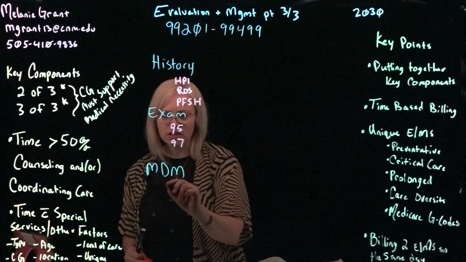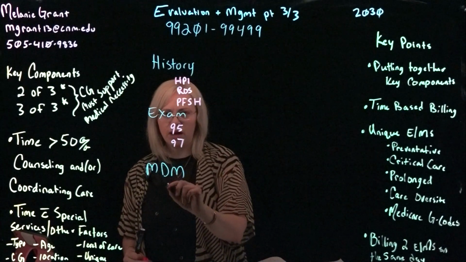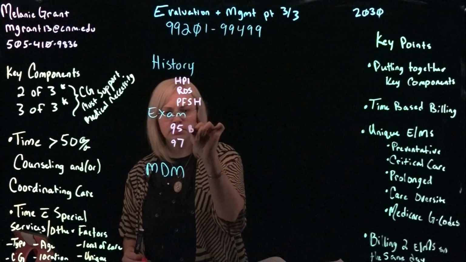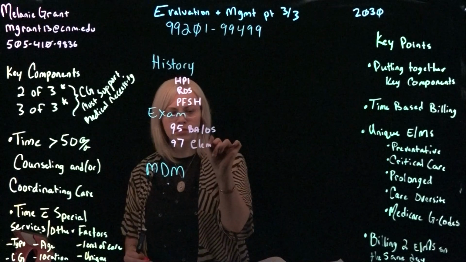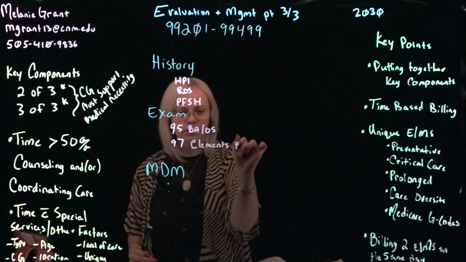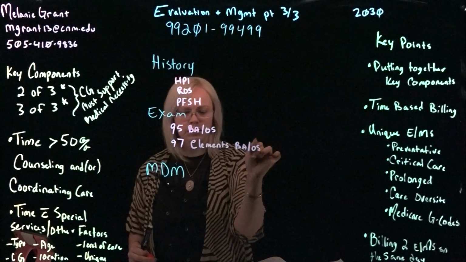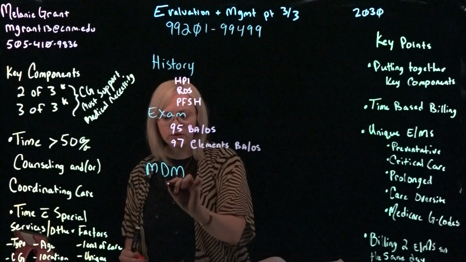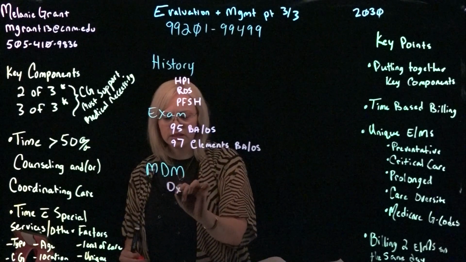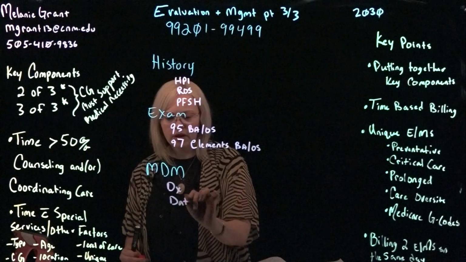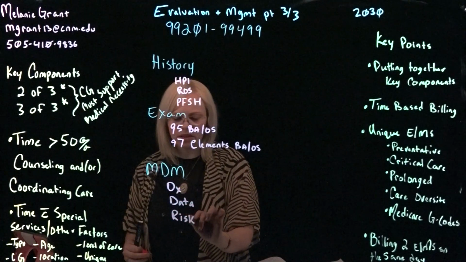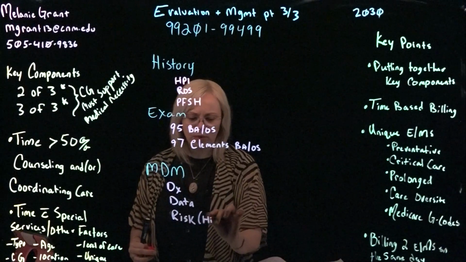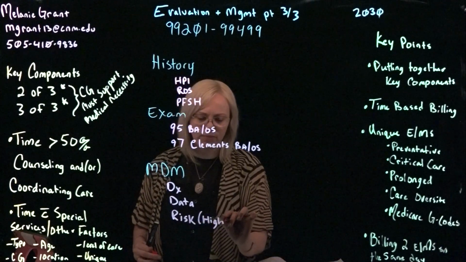And under medical decision making, you have 3 categories, which are diagnoses, data, and risk, with risk being split up into 3 that you pick the highest from.